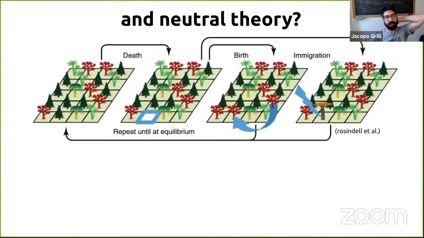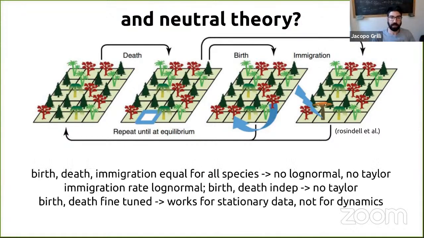Okay, something that I always get asked about: what about neutral theory? Can it reproduce the data? It depends on what you mean by neutral theory. If you mean plain vanilla, extreme neutral theory, where all the per capita rates are equal for all species, no. It cannot reproduce the data because it doesn't reproduce the variation in average abundance. You can have a meta-community model where immigration rates vary across species and birth and death are equal for all species.